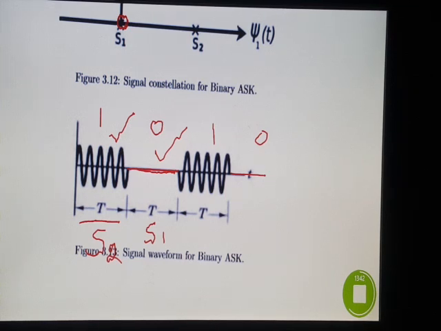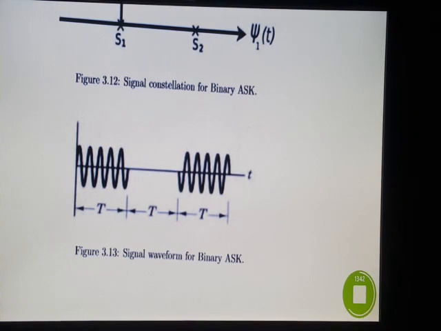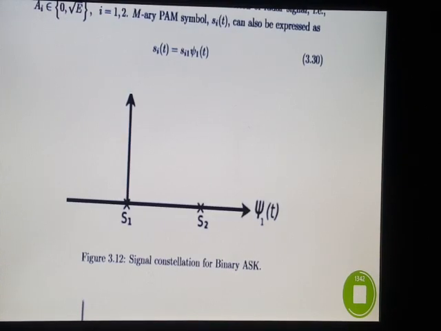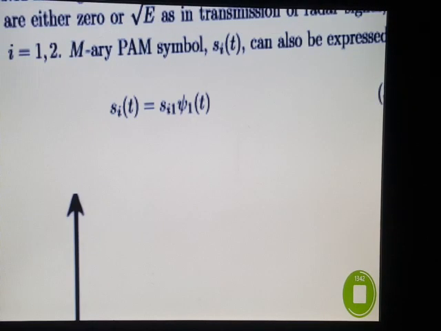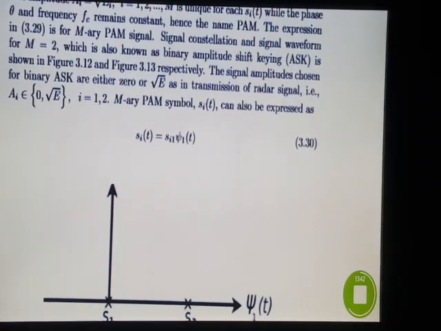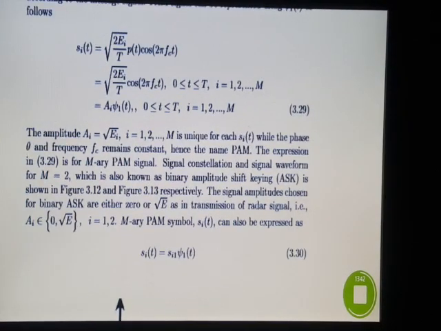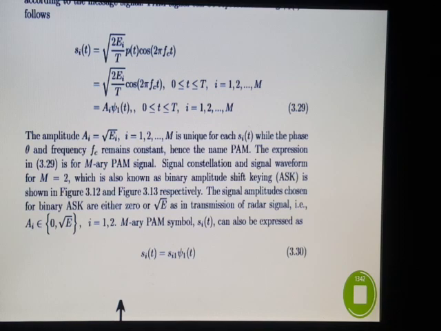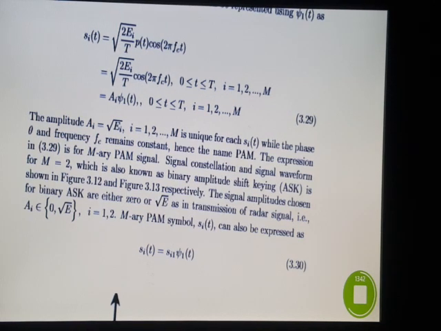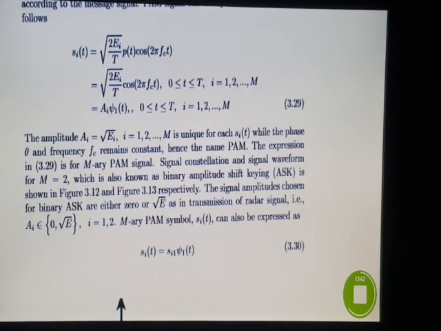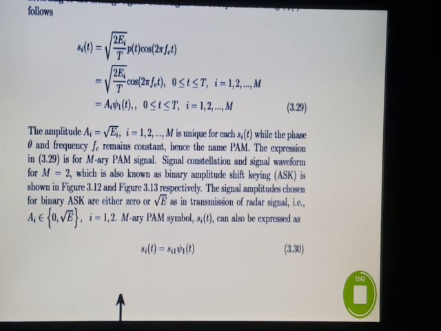Going back to our text, let's continue from where we left. This binary ASK signal, the binary amplitude shift keying signal, is shown in figures 3.12 and 3.13 respectively.